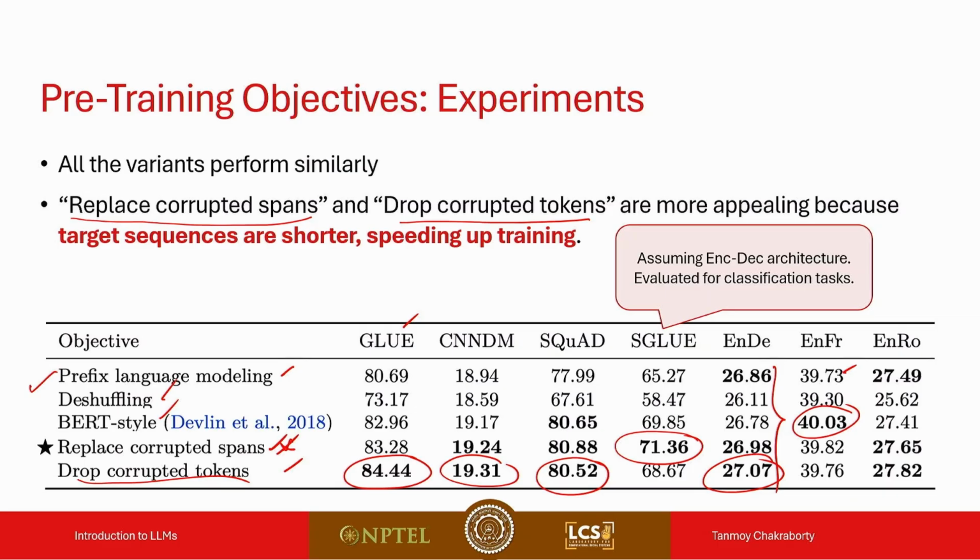The other reason is that when you drop tokens, your length will decrease. You need to produce fewer tokens, isn't it? So therefore this will also help you speed up the training process.